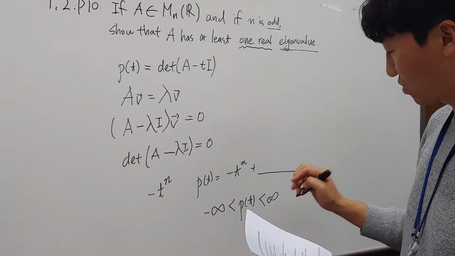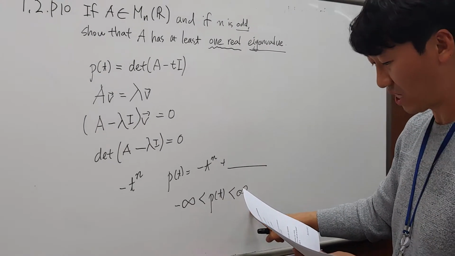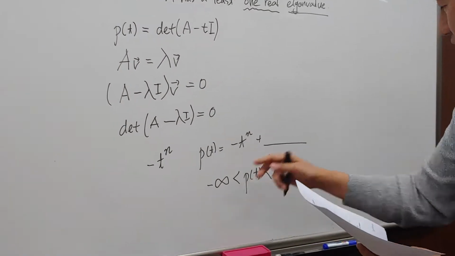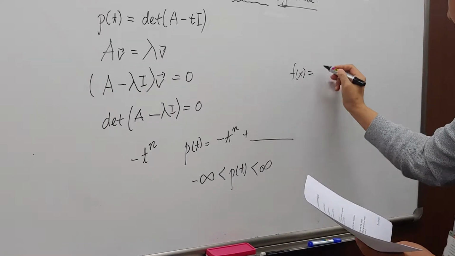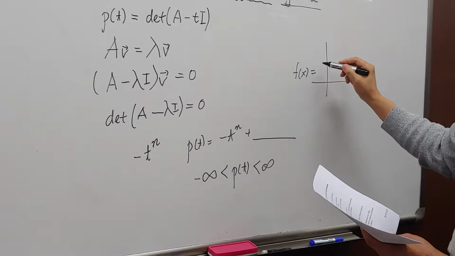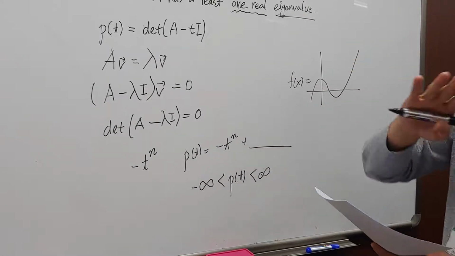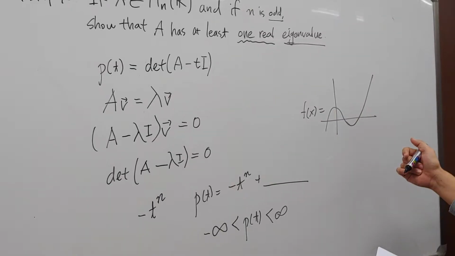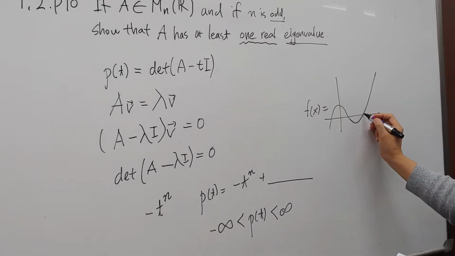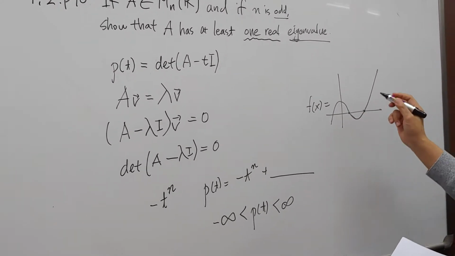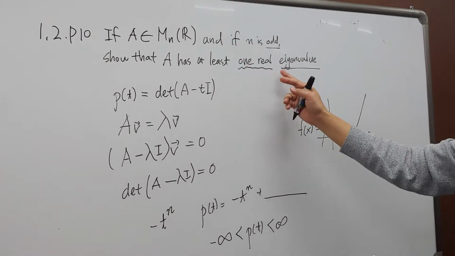In this condition, we can use the intermediate value theorem. In our problem, we have to show there is at least one real eigenvalue.